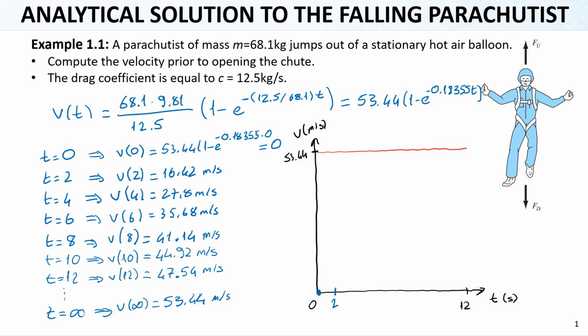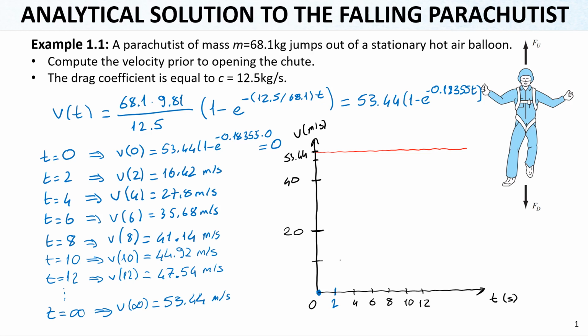Let's divide the axis as 10, 20, 40, 50, and here 2, 4, 6, up to 10, 12.